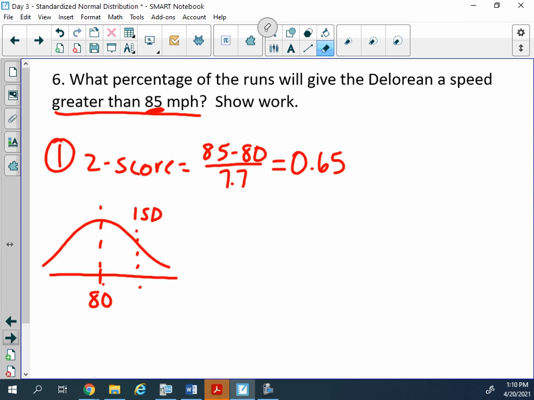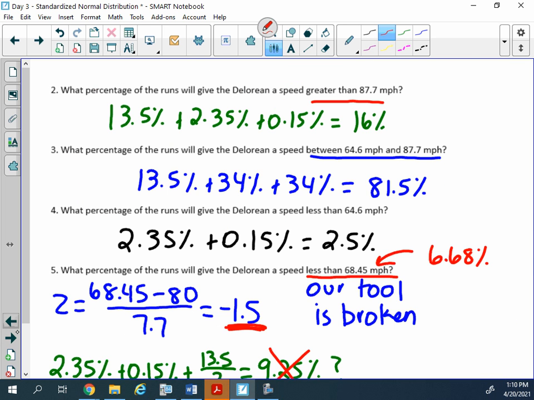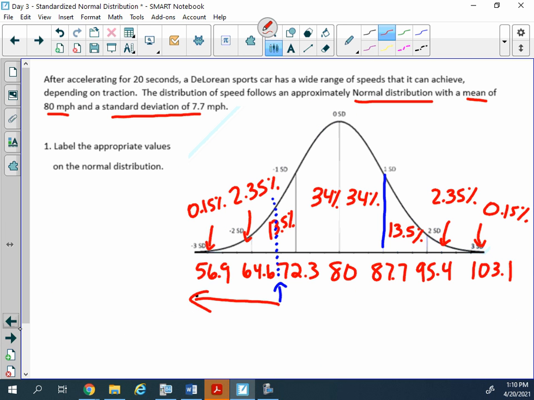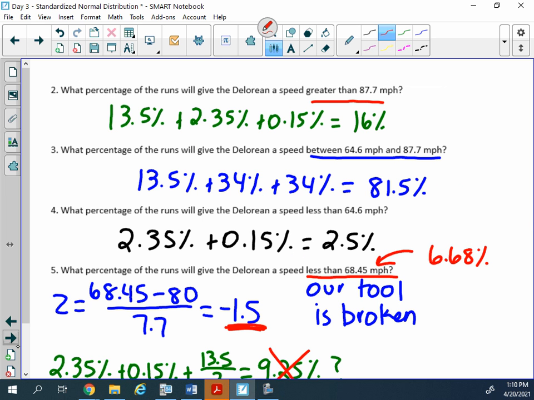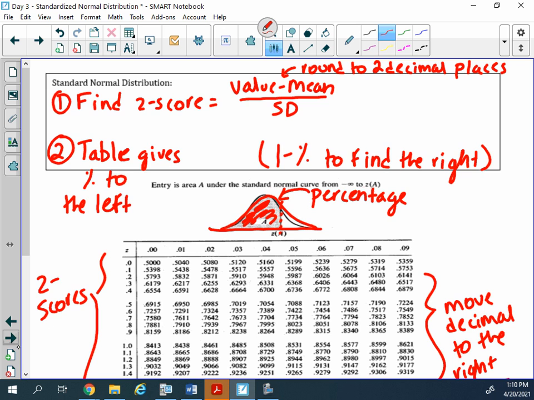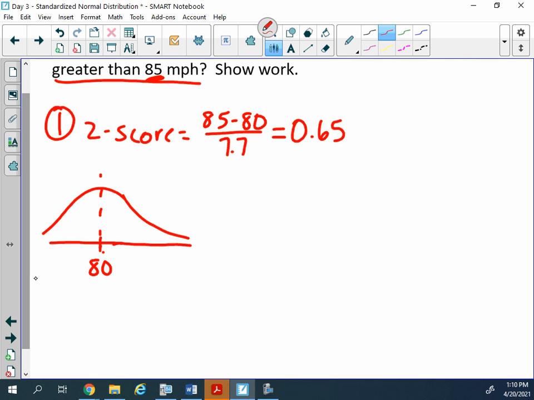So from here we have our 85, and we can also use our normal bell curve to see where everything is listed. So we have 80, and then our 87.7, so our 85 is in between there. So here is, let's just say, our 85 right here.